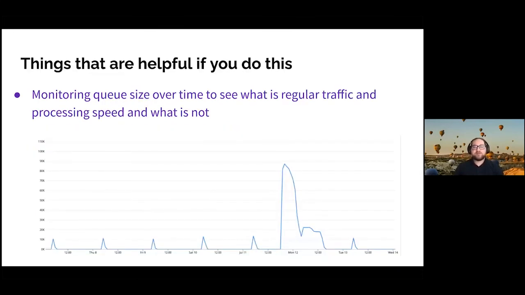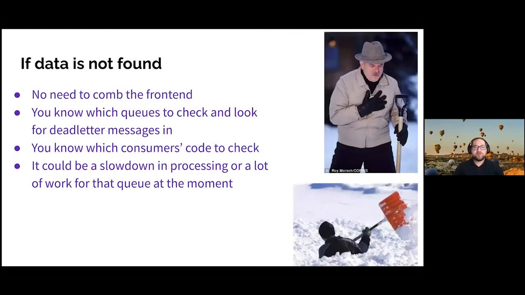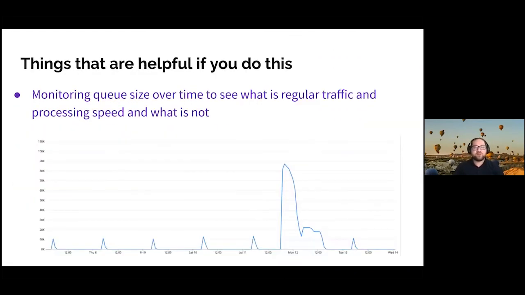And I talked a little bit before about the slowdown in processing and that getting in the way of this kind of style of testing. So things that are helpful to triage that are monitoring queue size over time to see what is regular traffic, what's regular processing speed, what's not.